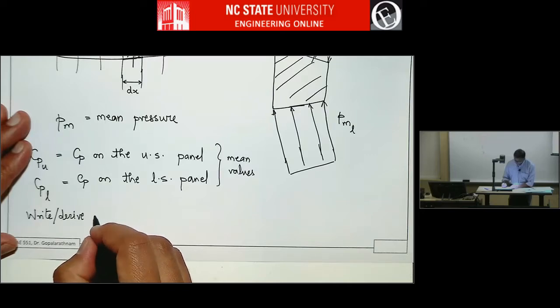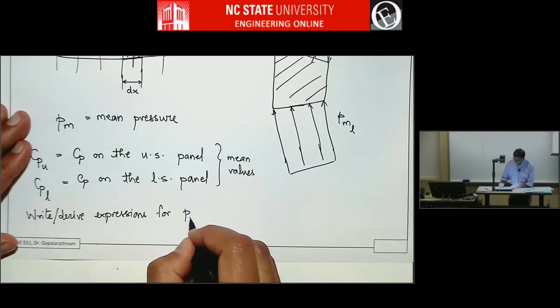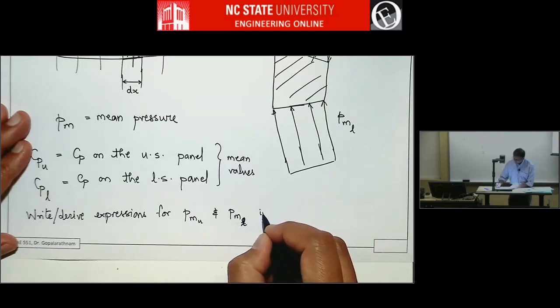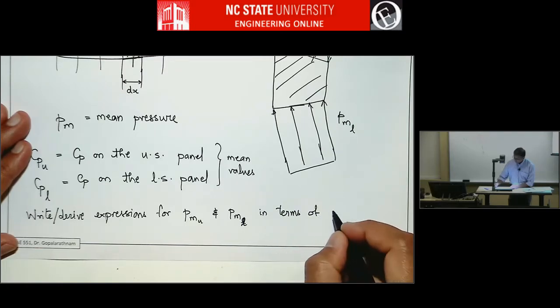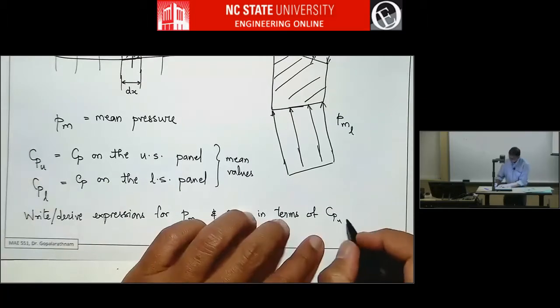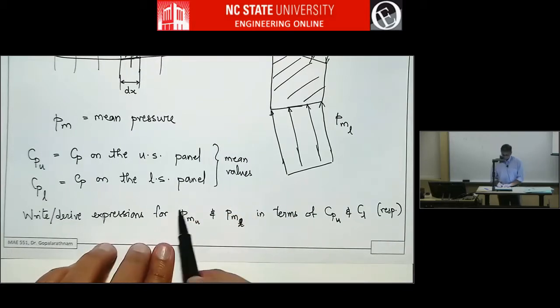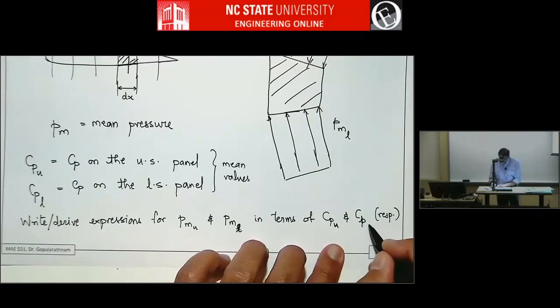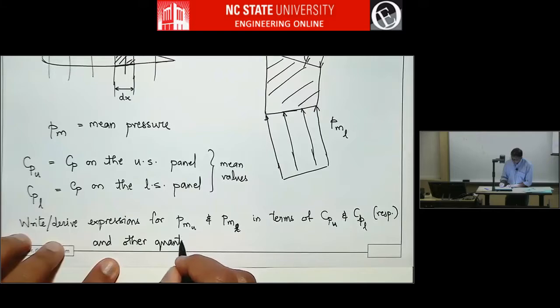Derive expressions for PMU and PML in terms of CPU and CPL respectively. So you'll have an expression for PMU in terms of CPU and PML in terms of CPL and other quantities like V infinity.